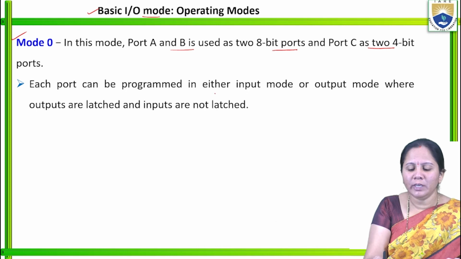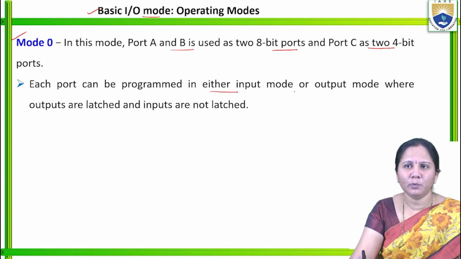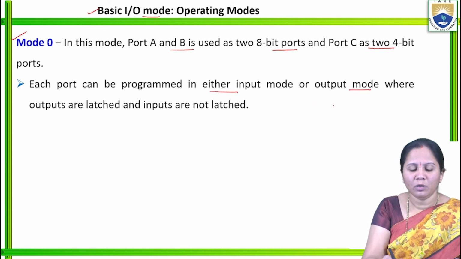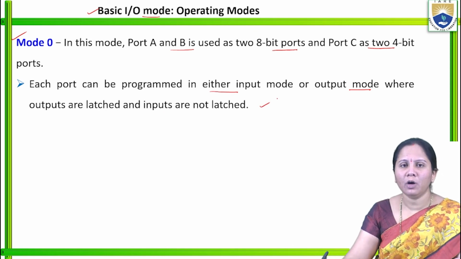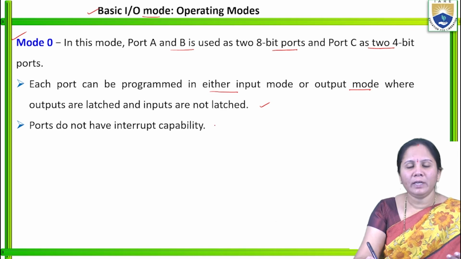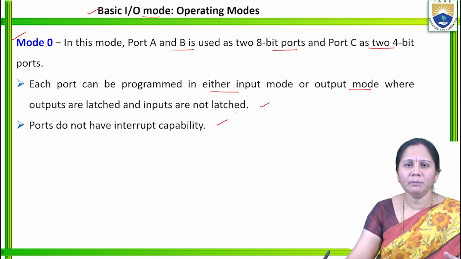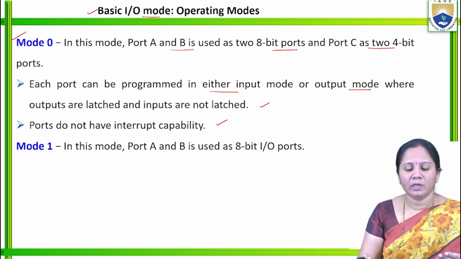Each port can be programmed in either input mode or output mode, where outputs are latched and inputs are not latched. When it is operating in mode 0, ports do not have interrupt capability. These are the features when it is operating in mode 0.